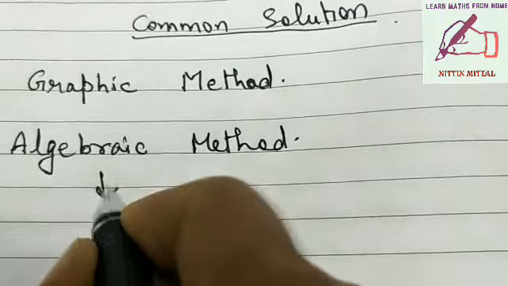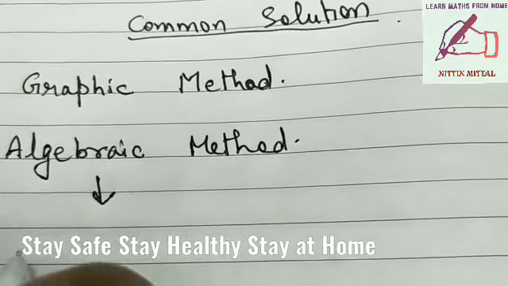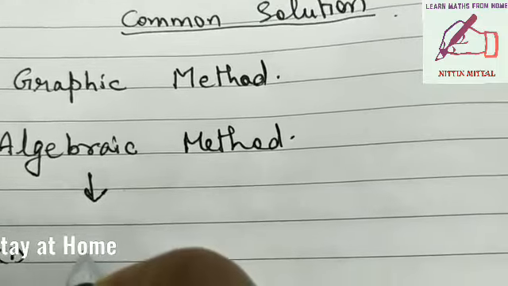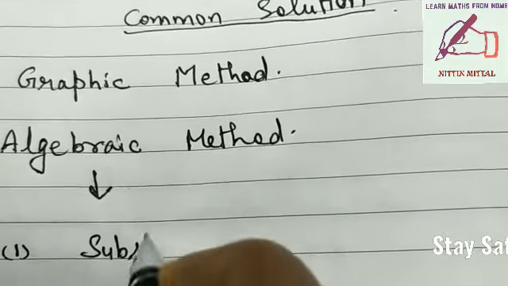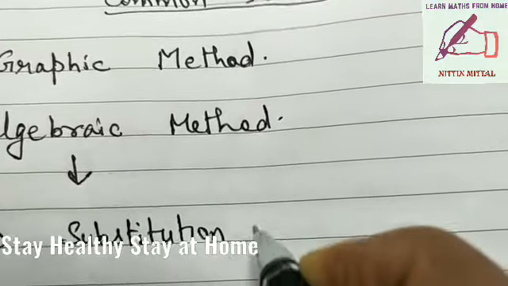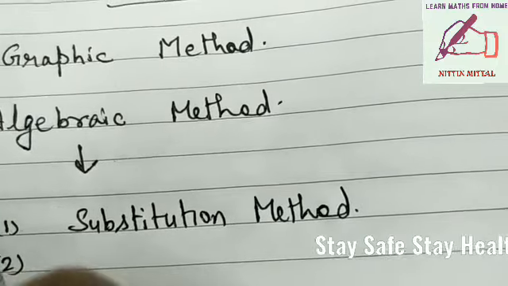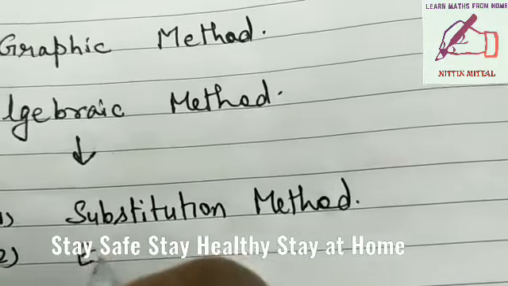Further, in algebraic method, there are three methods. First, you will be doing substitution method. Then we will be doing elimination method.